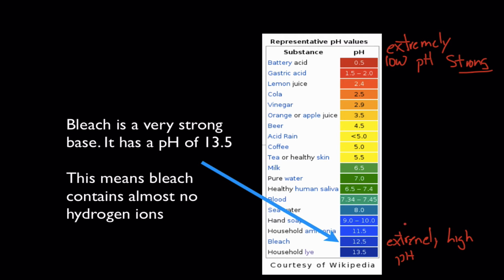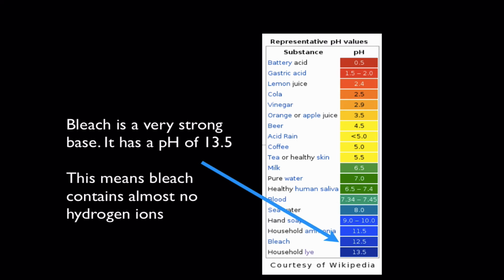Things with high pH we call strong bases. Just like strong acids, you do not want to get these on your skin or in your eyes. When you have a pH from a little bit more than 11 all the way to 14, you have an extremely nasty chemical. That's not something you want to get anywhere close to your body.